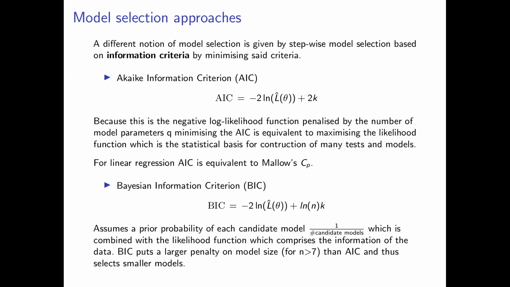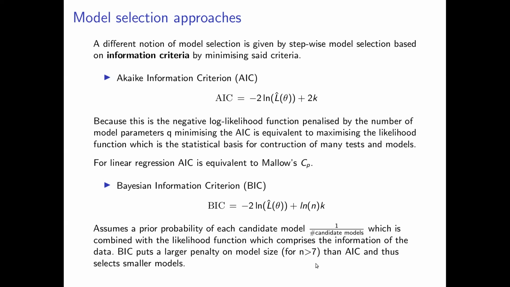This one is also frequently used. We see that the first part is just identical to what we saw above. It's -2 times the log likelihood. But now the second part changes. We have the ln of n in here instead. So we use the logarithm of the number of observations.